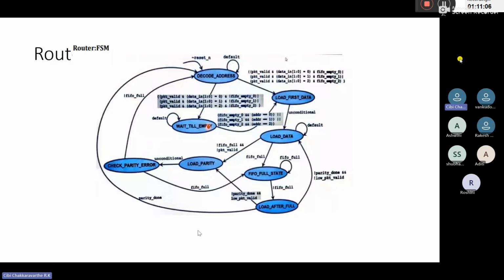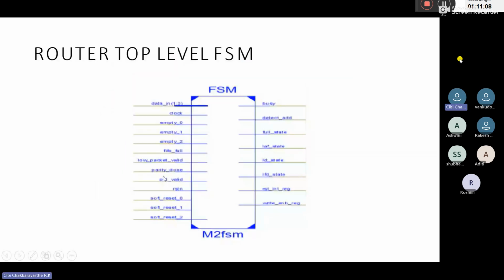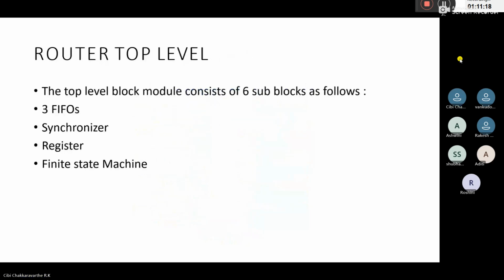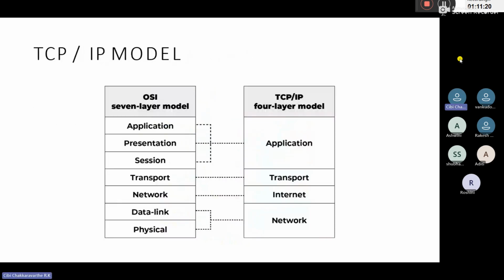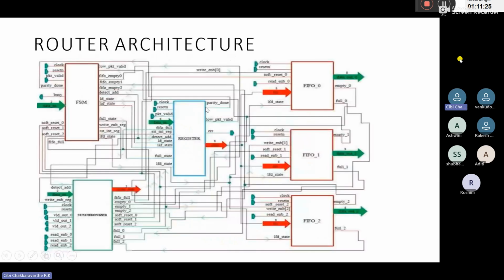Then parity done means our parity is properly checked or not. It will be given to the FSM. See this architecture and this register: there is a parity done signal and it is moving to the FSM. Now you may have a question: why do we need to pass this to the FSM? Let's consider this FSM.